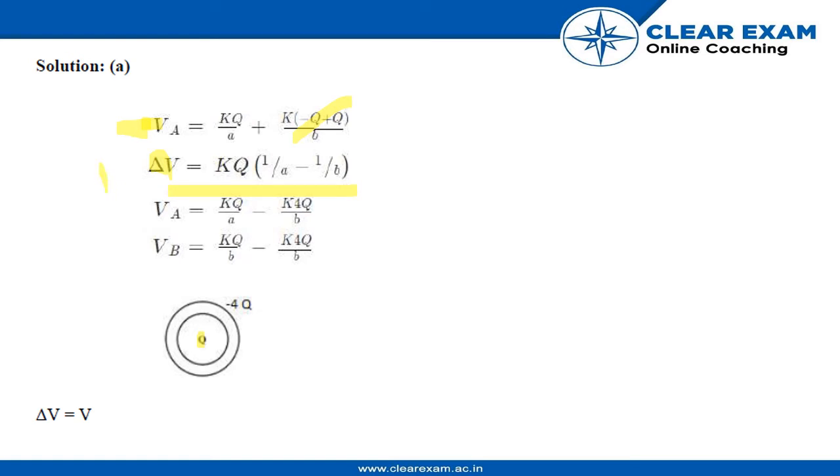So this is given as V, and now after giving a charge of minus 4Q, the potential at the center is KQ by A minus K4Q by B, where B is the radius of the outer shell. Minus 4Q is the charge given to the outer shell, and B is a point on the outer shell.